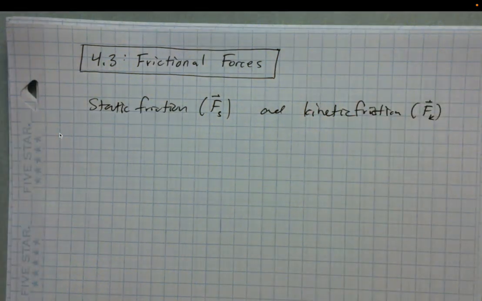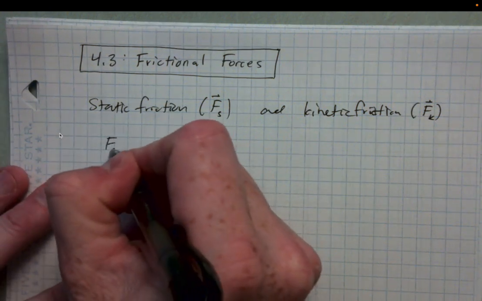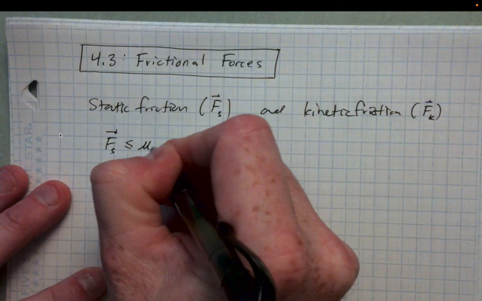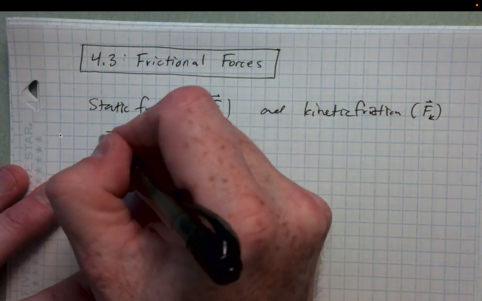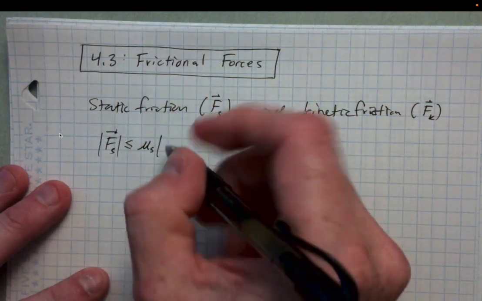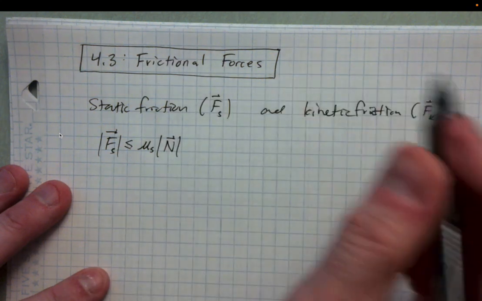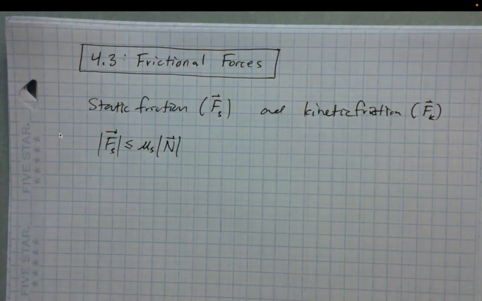Okay. And so for the static friction, we say that static friction is less than or equal to mu sub s times the magnitude of the normal force. And this is our static friction. The idea here is that it will vary depending on the force it is resisting.